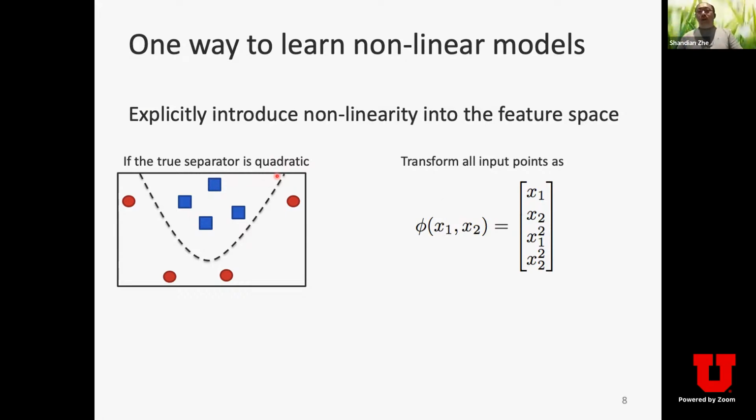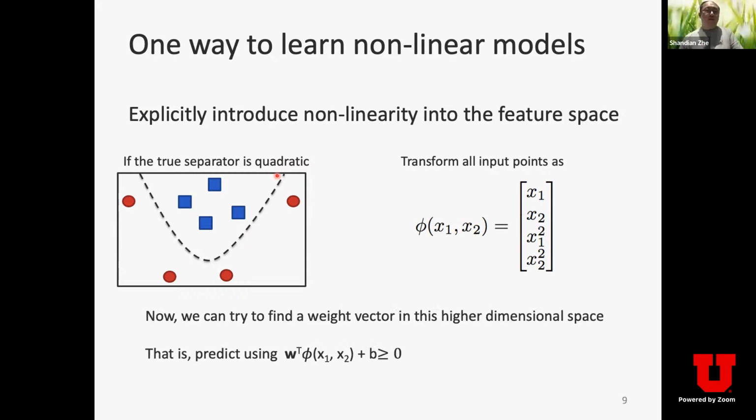And you see that in the 4-dimensional space, they are linearly separable. That's the key idea. If you can come up with some smart feature mapping or feature transformation, you map the original data points into some higher dimensional space. In that space, we can find a hyperplane which can perfectly separate positive and negative examples. Then that's a win.